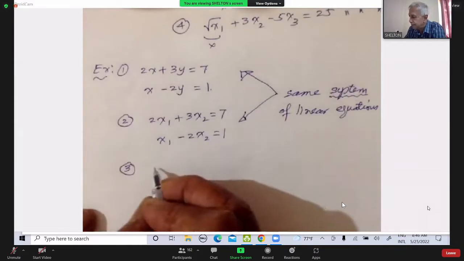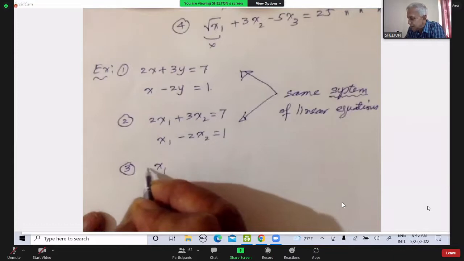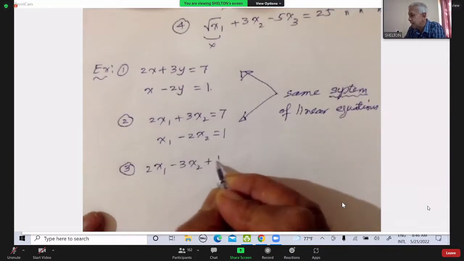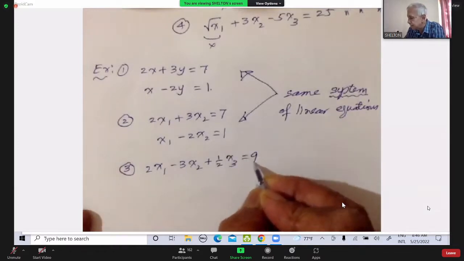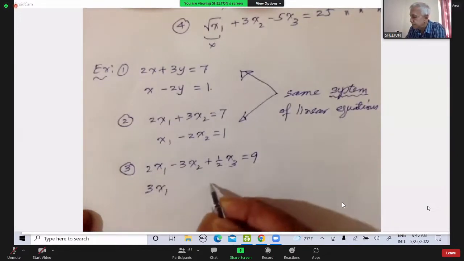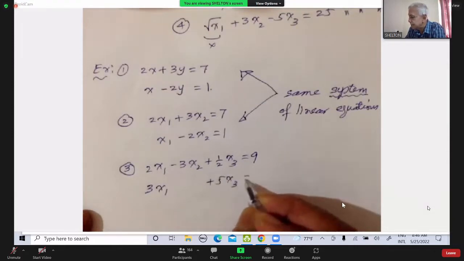Third example, say 2x1 minus 3x2 plus half x3 equals 9. 3x1 plus 5x3 equals 7.